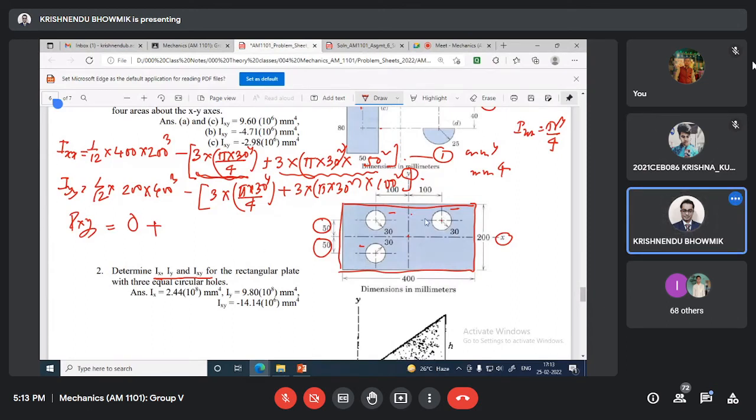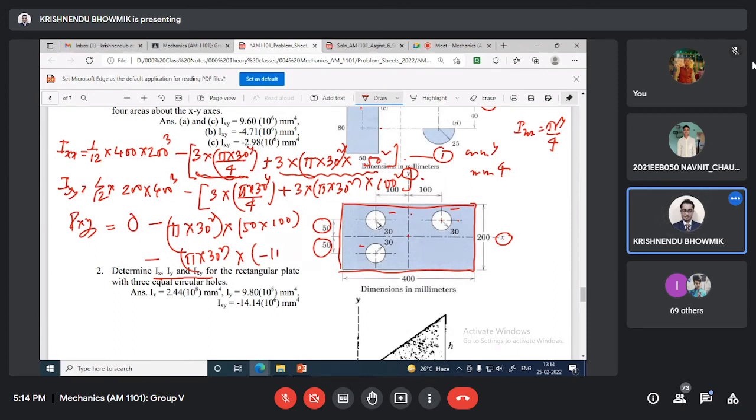Each one we will do this. It is cut out, so it is minus. First one is pi 30 square multiplied by 50, x is positive 50, y is also positive, y is 100. Then minus pi 30 square, x is minus 100.